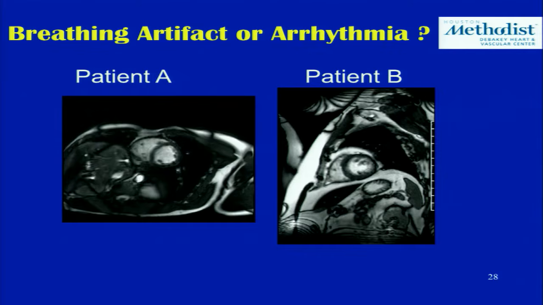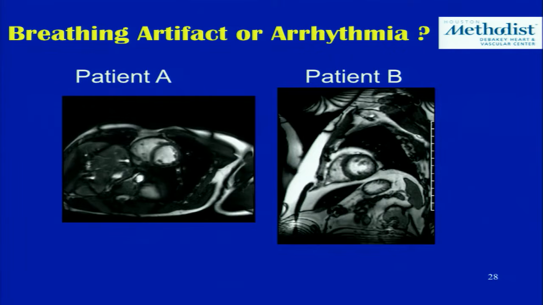Before I get to that, let's show you the other aspect. One is that there's a problem with arrhythmias or gating. The other is that there's a problem with breathing. It's important to be able to distinguish which is which, because both will lead to blurry images. If it's a problem with gating, you correct for it by repositioning the leads or changing the parameters.